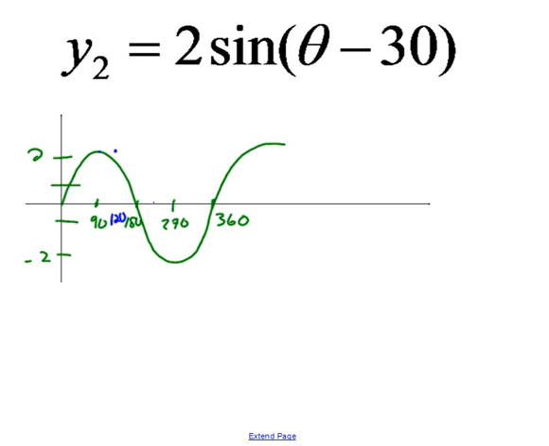This point here is now at 210. 270 is now going to be at 300. I'm just adding 30 to each one of these numbers I already knew. And then 360 here is going to be at 390. And my graph, which was at 0, will now be at 30. So I start there, move every point right 30 degrees.